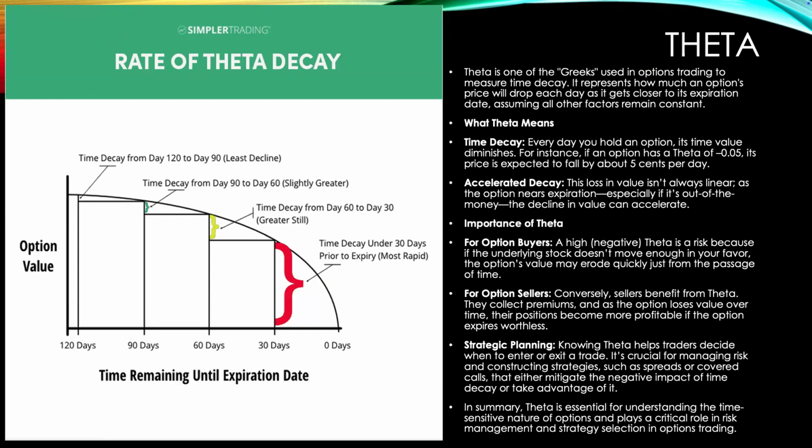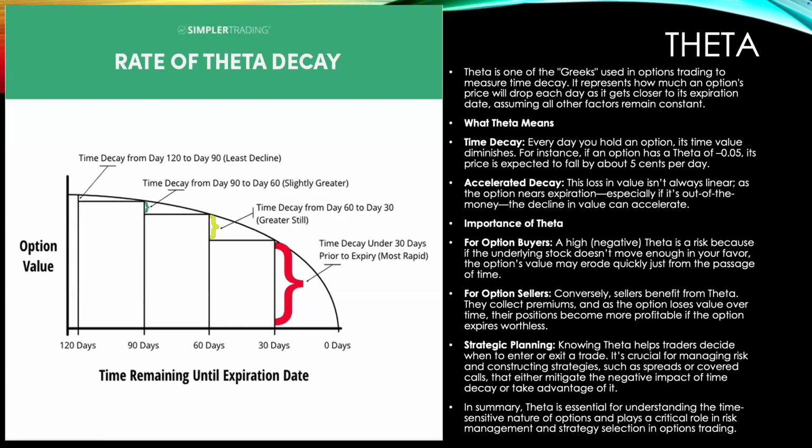So theta is the Greek used in option trading to measure time decay. It represents how much an option price will drop each day as it gets closer to its expiration date, assuming all other factors remain consistent.